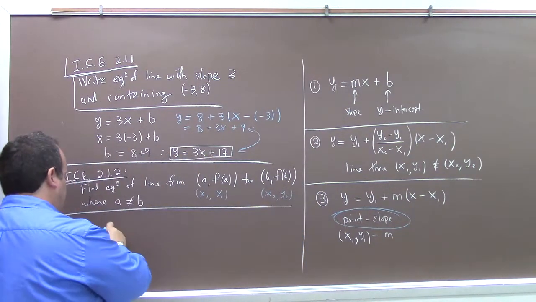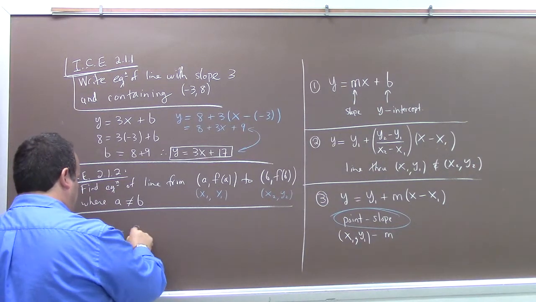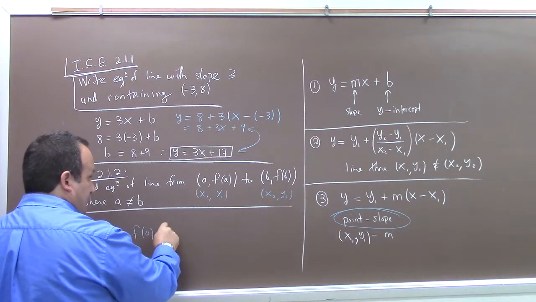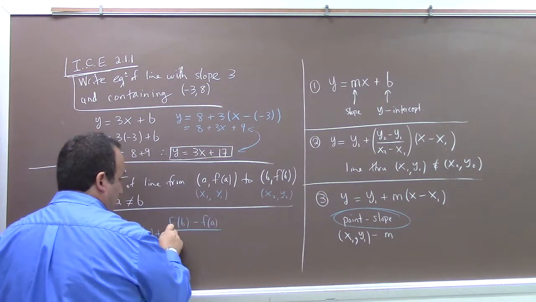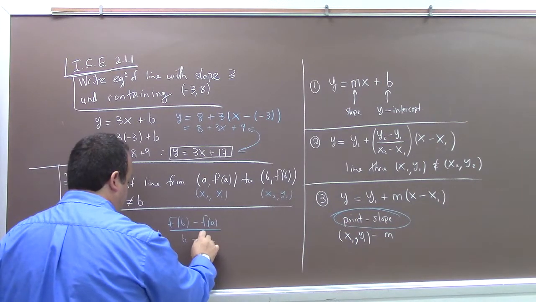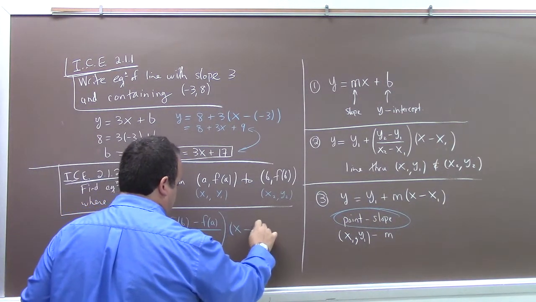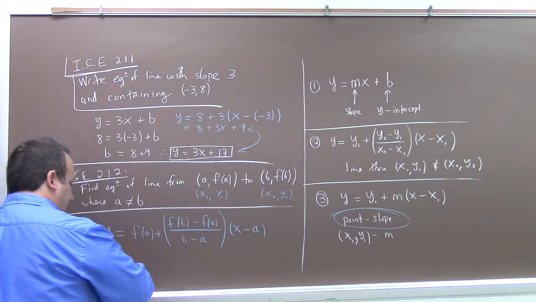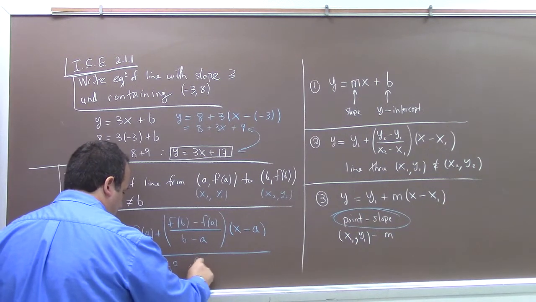Plug it in. Y is equal to f of a plus f of b minus f of a divided by b minus a times x minus a. And there you go. This right here, by the way, guys, is the equation of the secant line.